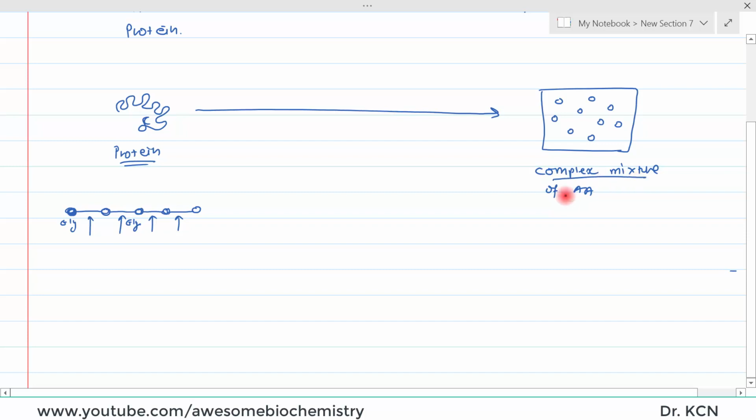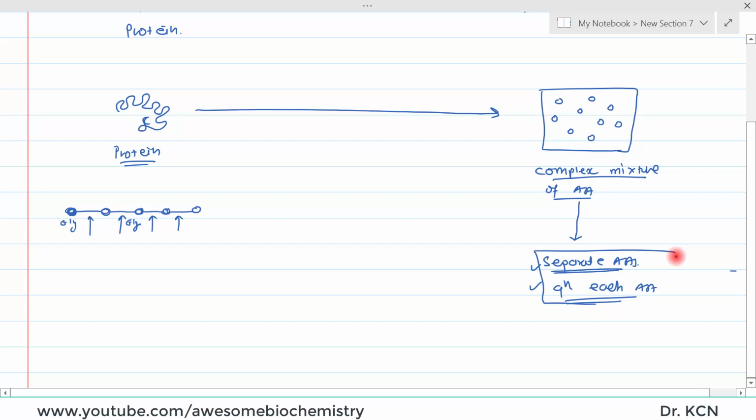From this complex mixture, we need to separate the amino acids, and after separation, we need to quantify each amino acid.